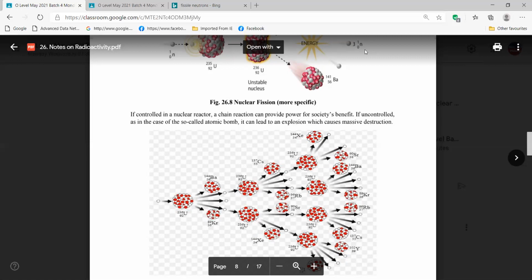Otherwise, what we do is control this chain reaction. How, sir? In a nuclear power station, we control this chain reaction by controlling the number of neutrons which are absorbed by the uranium, and also by controlling the uranium we are giving.